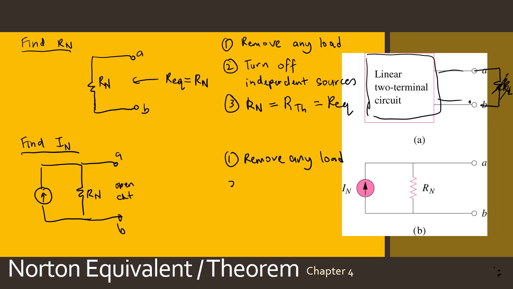Second, if you look at the circuit here, in order for you to find this Norton current, what should you do? What if I connect this to a short path like this? What do you think the current will take? Is it going to be the IA path here, or the IB path here? Which one?